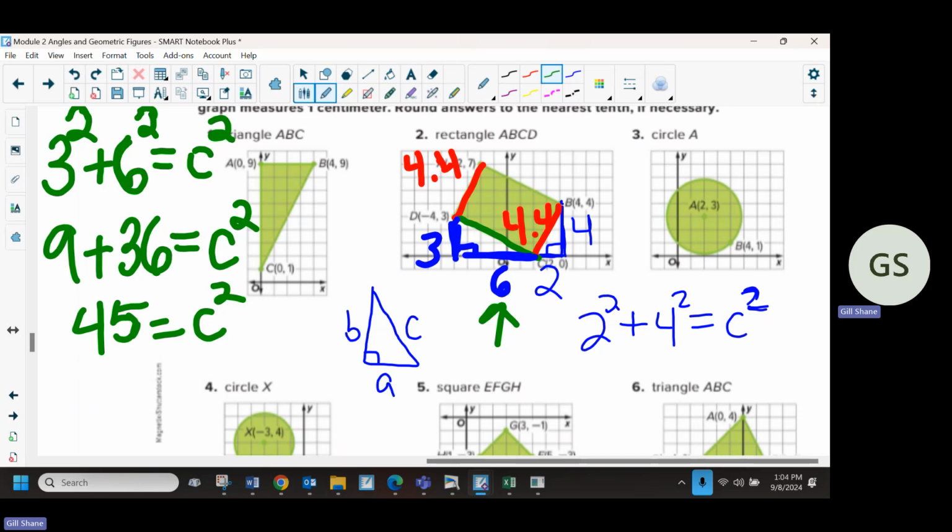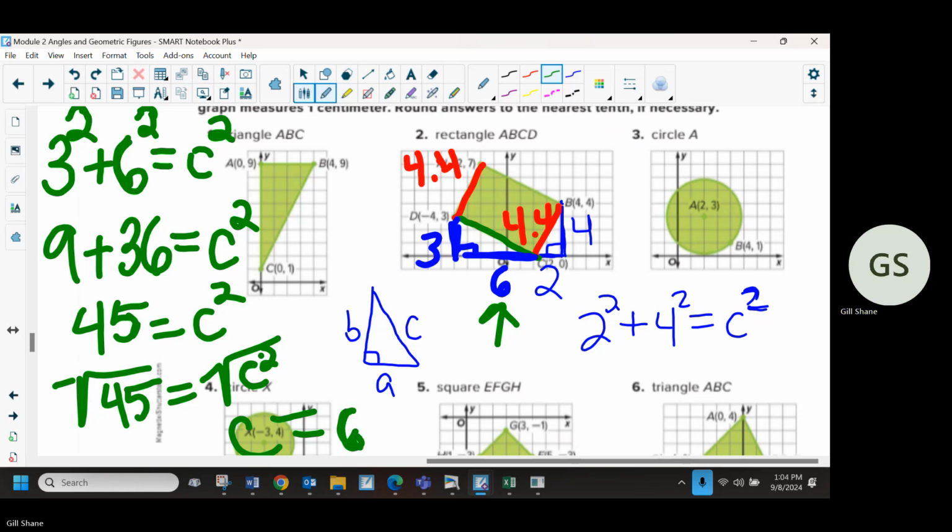There's no way that green line is 45. So I need to take the square root of both sides. And then that would give me C equals, and I don't have a calculator, but it'd be 6 point, probably close to 6.7, probably 6.6 something, but it would probably round up to 6.7.